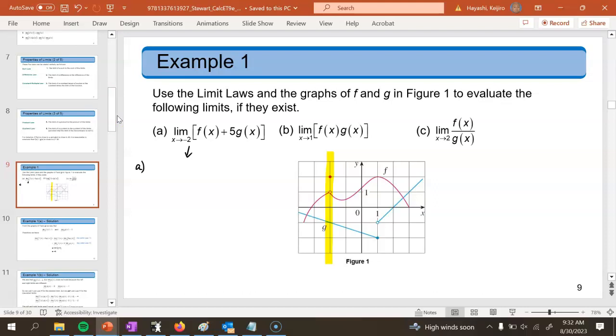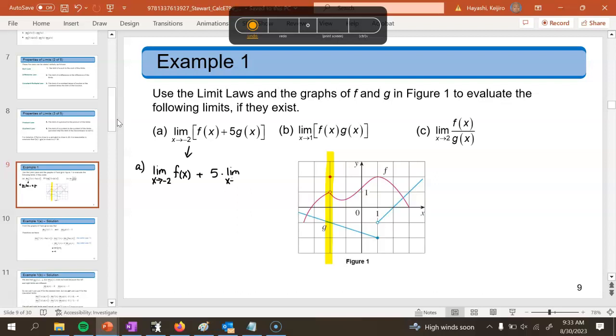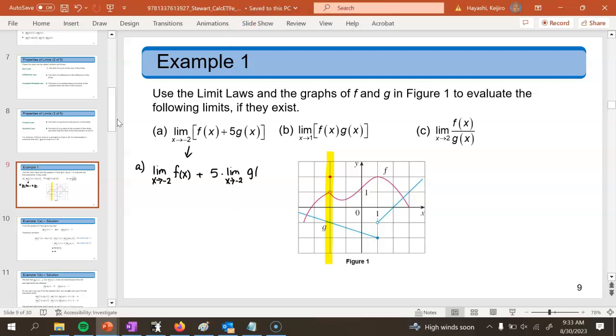We can break up a sum. And this 5 that's in front of the g, we can take it out from the limit statement that it's going to be a part of. So we could rewrite this as the limit as x approaches -2 of f of x plus 5 times the limit as x approaches -2 of g of x.